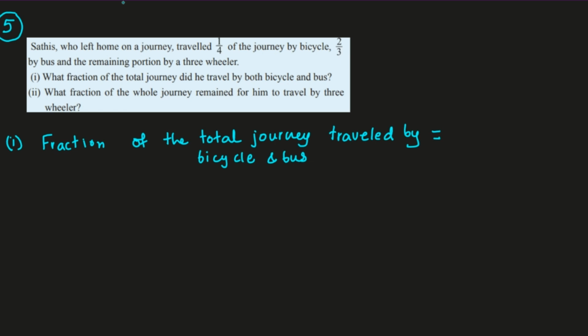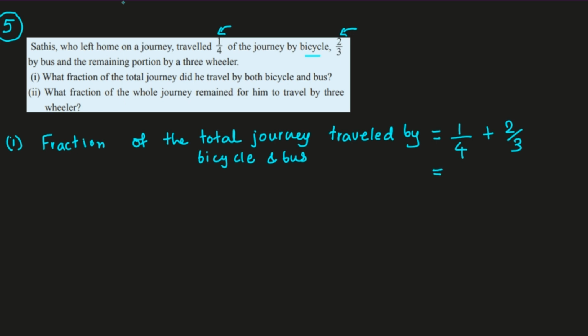You know that he had traveled one fourth of the journey by bicycle and two-thirds of the journey by the bus. So the total will be one fourth plus two thirds. That will be the total journey that he had traveled by both bicycle and the bus.